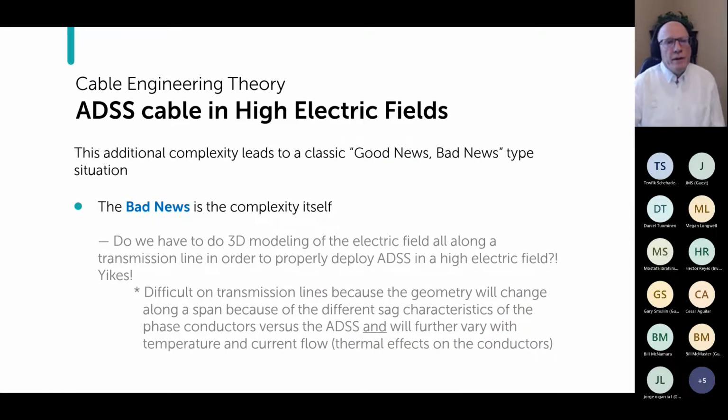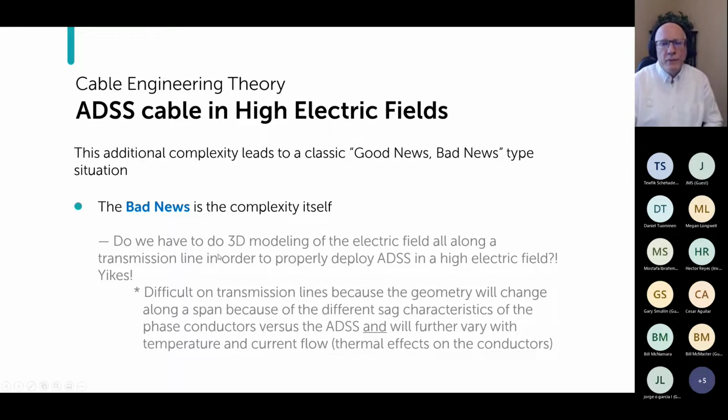So the added complexity of a three-phase transmission line creates the classic good news, bad news situation. The bad news is the complexity itself. If you're going to try to analyze what's going on at the towers, your first thought might be, oh, I've got to do a lot of very detailed 3D modeling of the field in order to understand what's going to go on. In particular, what's going to go on next to my ADSS cable that I'm trying to put on this line.